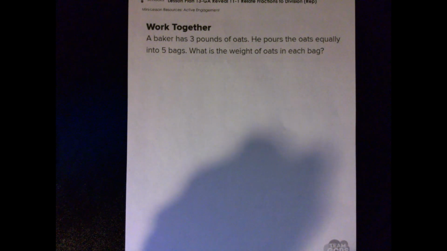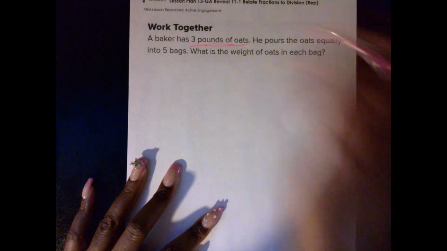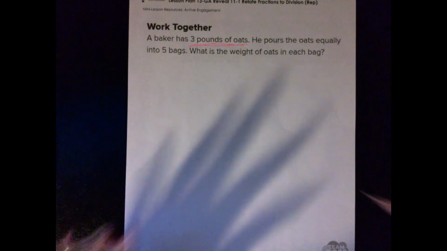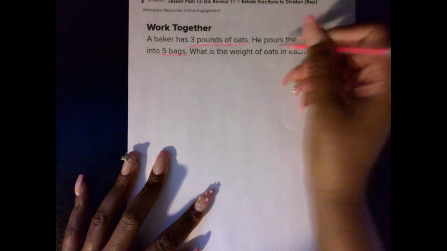All right, let's go over it. It says a baker has 3 pounds of oats. He pours the oats equally into 5 bags. What is the weight of oats in each bag? Okay, so I have my 3 pounds of oats, and he's pouring the oats equally into 5 bags. So the oats are what's being shared.